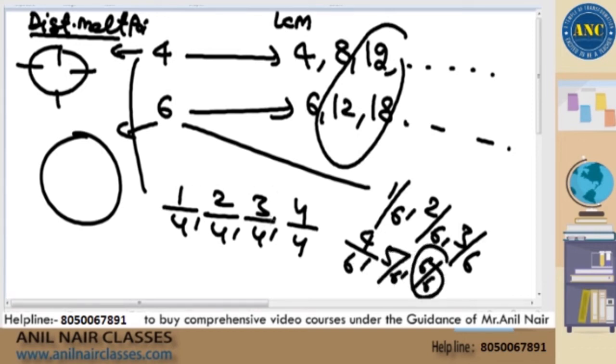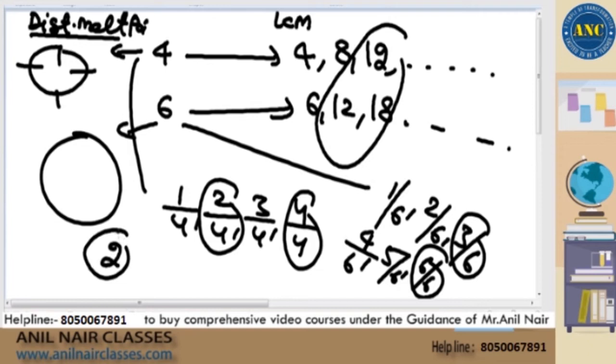This is 1. 2 by 4 is nothing but 3 by 6, so that is 2. So to find the number of distinct meeting points, if two people are traveling, use HCF. HCF is the highest common factor. The common factor here is the common meeting point. Raj, listen carefully to this, right?